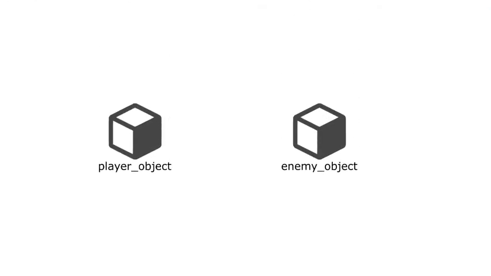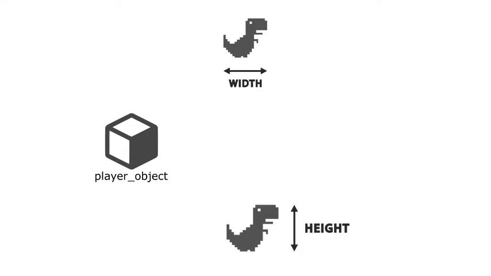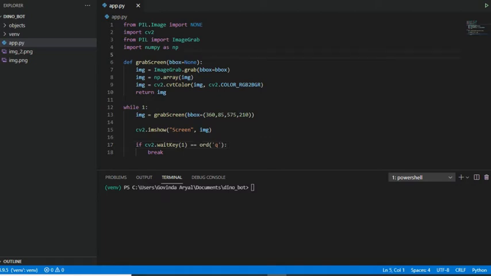Now we have to make objects of all the images. We take the path of the image and make an object which contains properties of the object like the width of the object, height of the object, location of the object in the screenshot, and the image itself in numpy array form. So let's make a class Object.